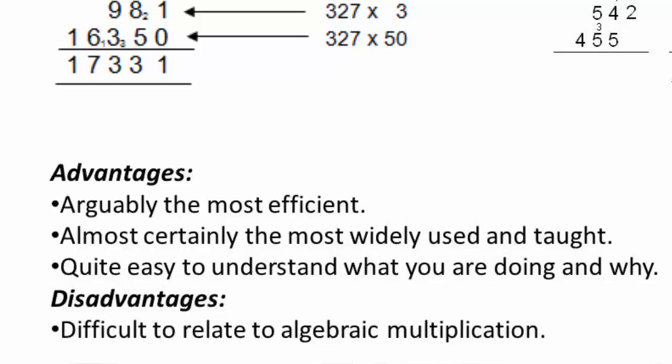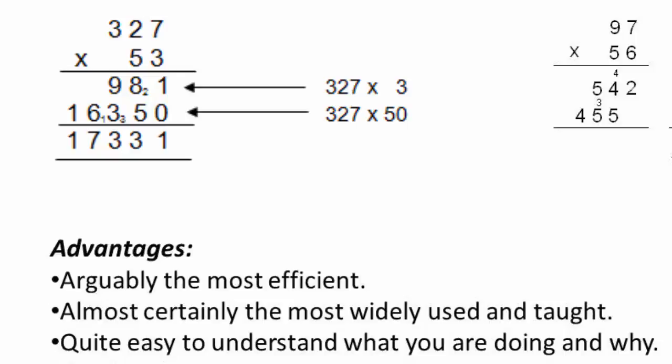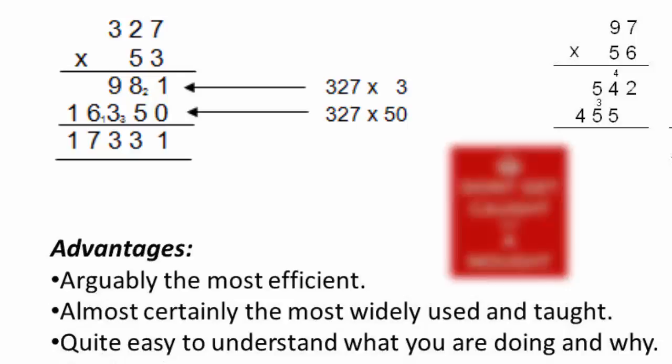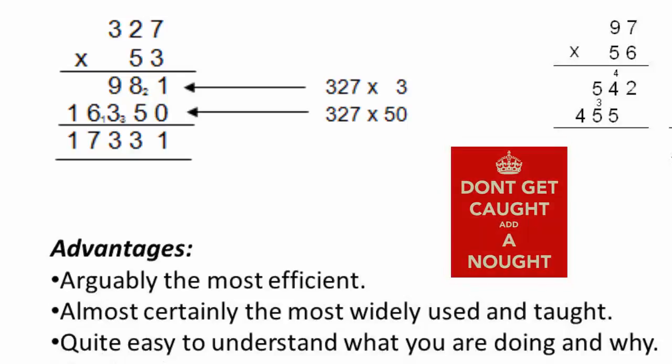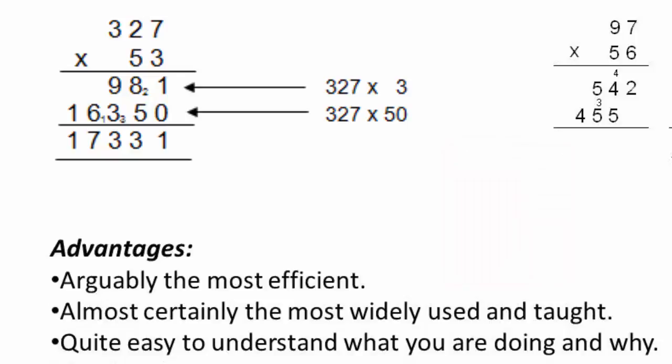What I mean by that is obviously when you're doing 327 times 53, for example, you're going to do 3 7s, 3 20s and 3 300s, and that's essentially what you're doing in the first line. And then you write a 0 down on the second line because you're not really doing 5 times 7, you're really doing 50 times 7, 50 times 20 and 50 times 300, and the 0 takes care of that. So reasonably straightforward to understand.